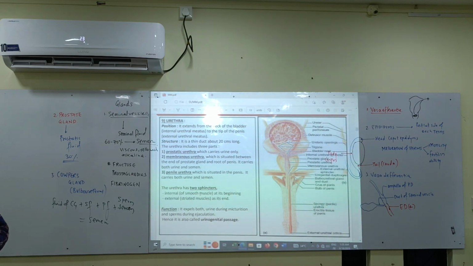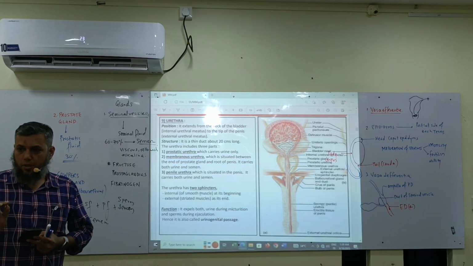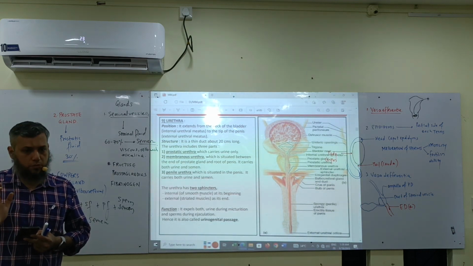The human male ejaculates, listen to this line of the chart, 200 to 300 million sperm during a coitus. Coitus means sexual intercourse.